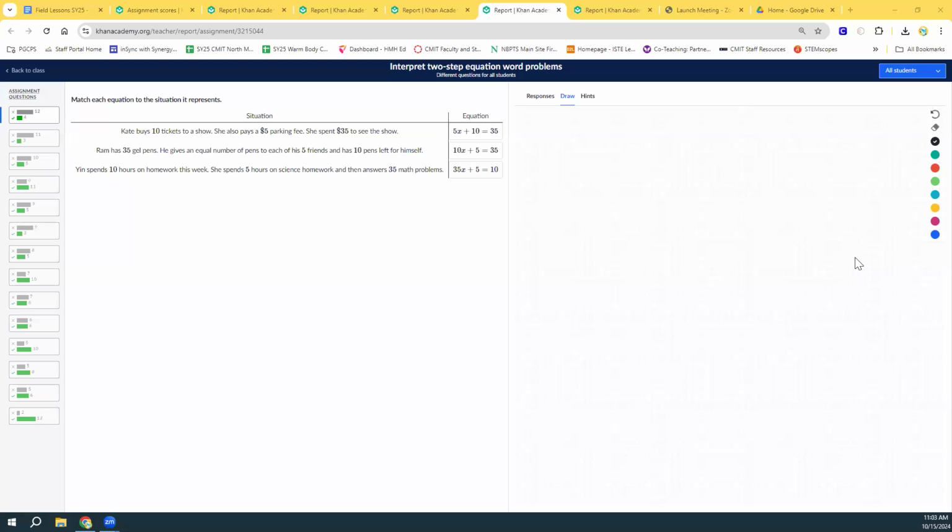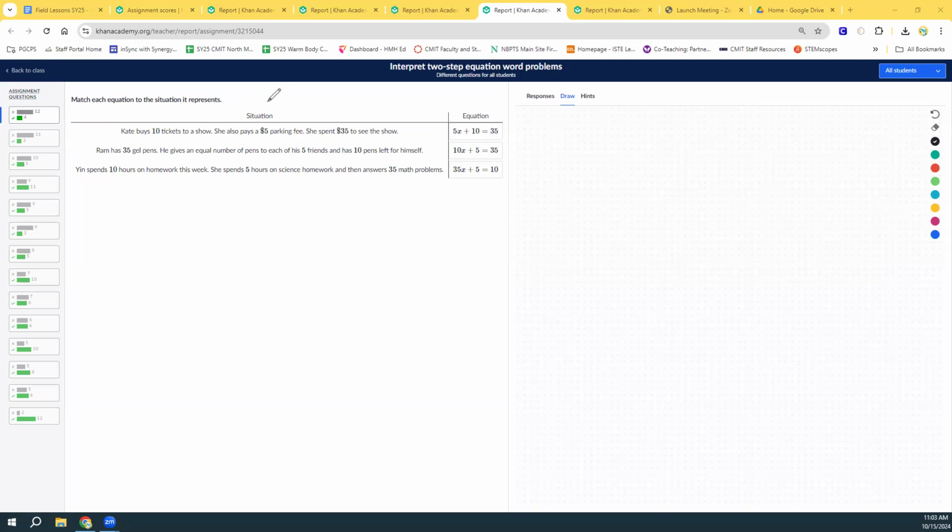Talk about the word problems. All right, Kate buys 10 tickets to a show. She also pays a $5 parking fee. She spent $35 to see the show. Okay, I feel like we did this one in the first headphone. Anyway, Kate buys 10 tickets to a show.